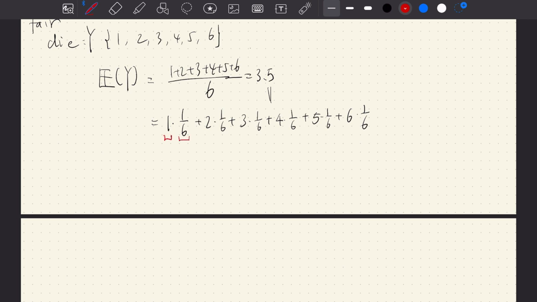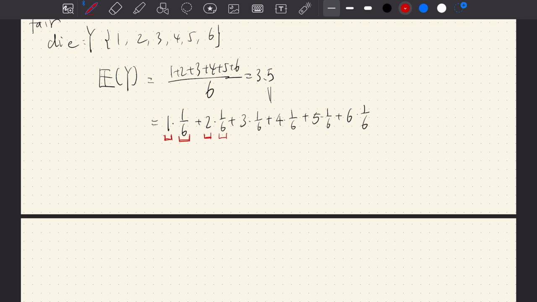Here, the outcome we chose is 1, and the probability of y being 1, meaning that you have an outcome of 1 for the die, is 1/6. And for another possible outcome value 2, it also has a probability of 1/6. So here you're adding all possible outcomes times their probability. You're adding these up to get your expectation.